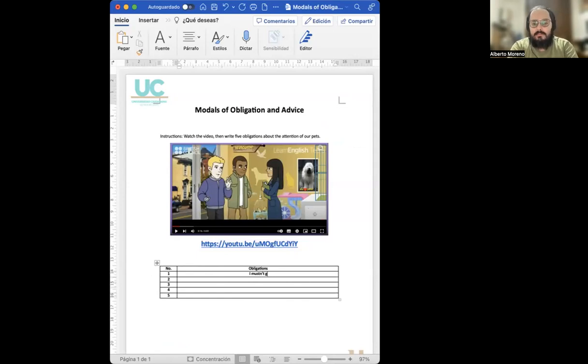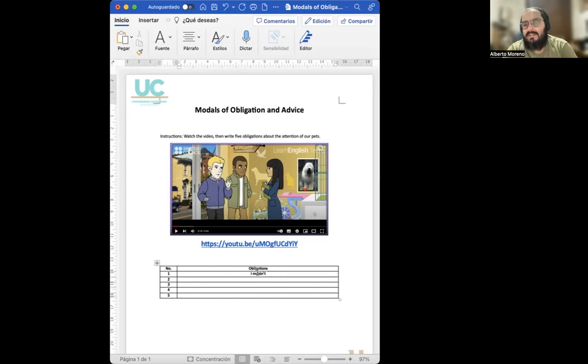Pero ahí dice en instrucciones, about the attention of our pets. Nuestras mascotas. No, no importa, no pasa nada. Las que ustedes identifiquen, pónganlas. En lo que me voy a fijar es que esté correcta la estructura.